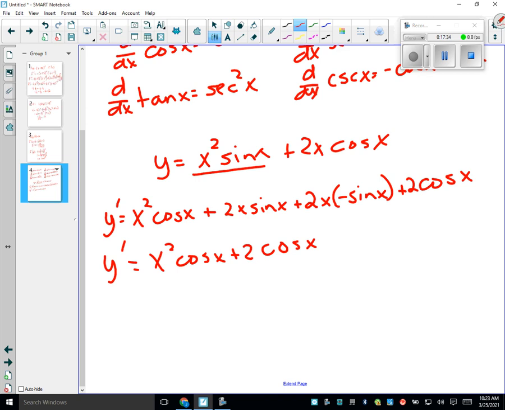All the signs go away. No big deal if you know the product rule and the trig functions.